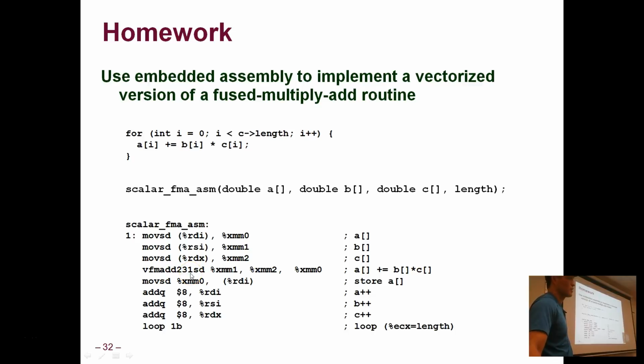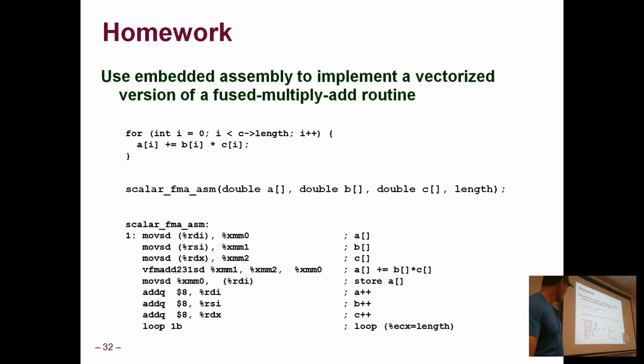That is the operand order in this instruction set. You can ignore that for now. Scalar, single value, double precision, XMM1, XMM2, and XMM0. Based on this ordering, you're going to take A, which is the last one, and add B times C to it. That's how you parse that.